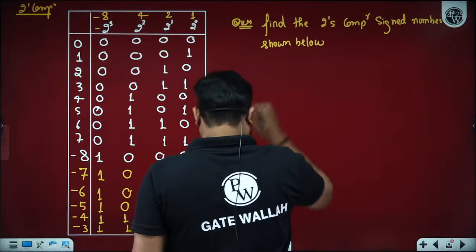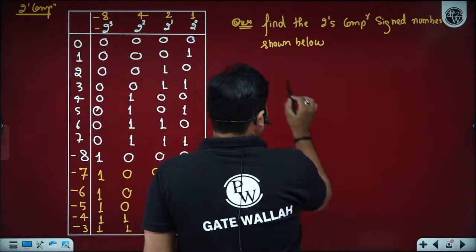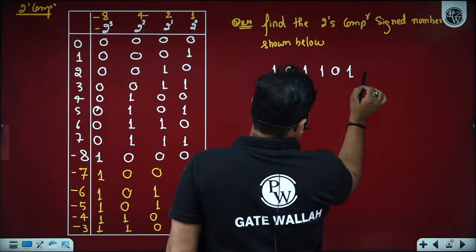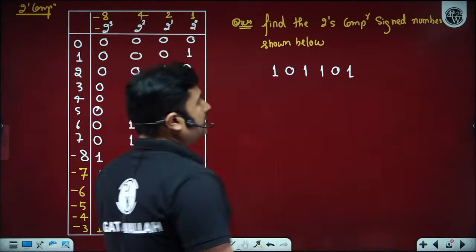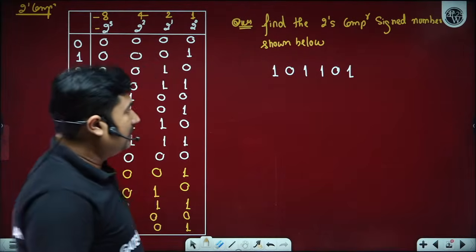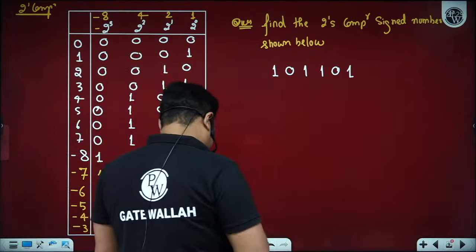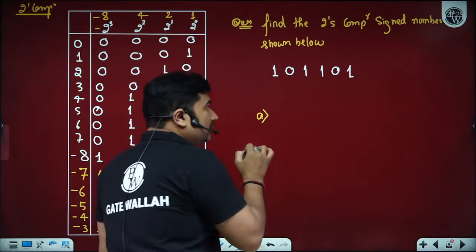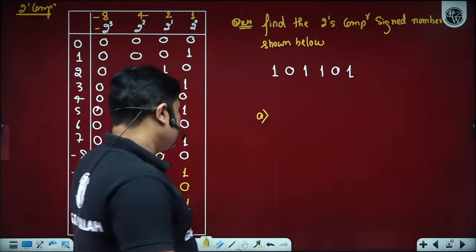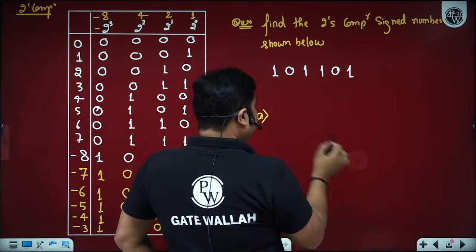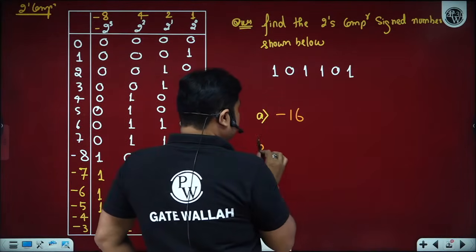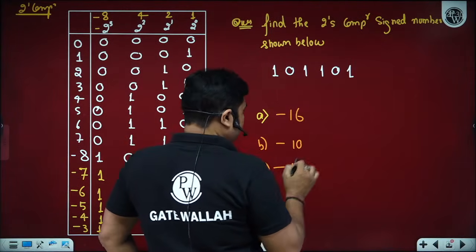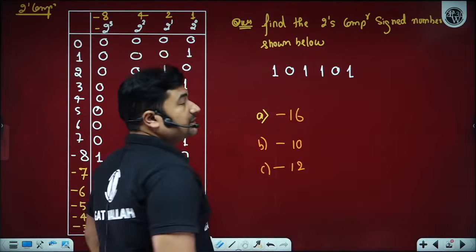Can you tell me, beta ji, what is this number? 101101. What is this number in 2's complement? Sir, can we write it as minus 16? Can we write it as minus 10? Can we write it as minus 12? Please let me know by writing in the comment section, beta ji.